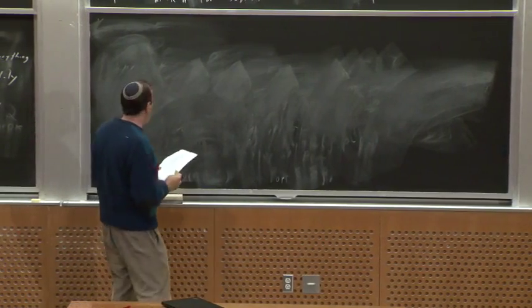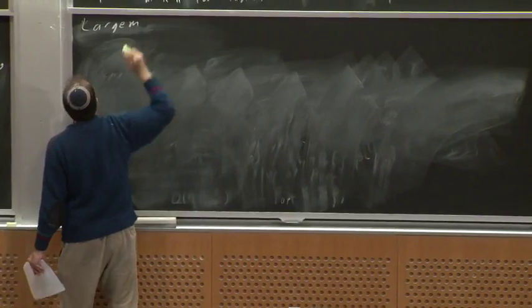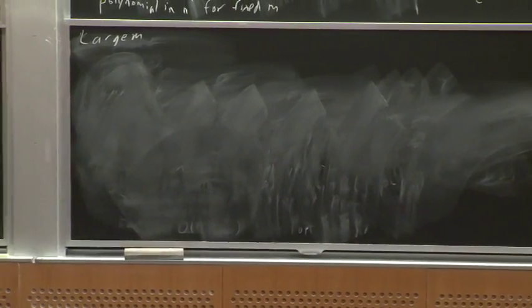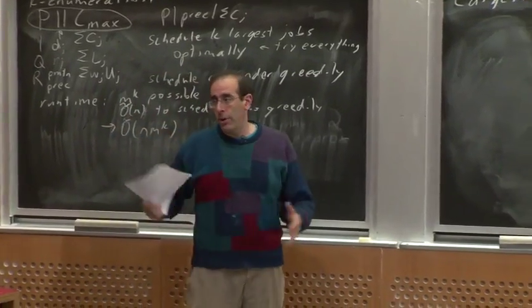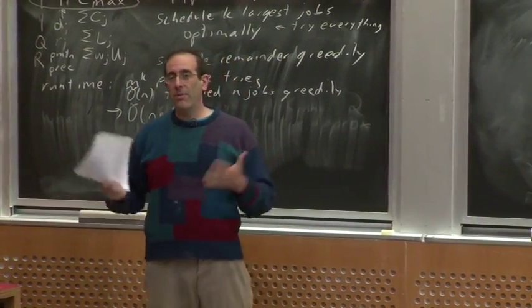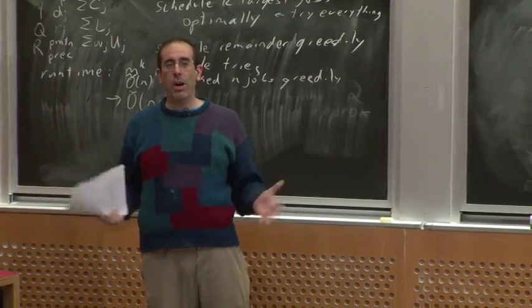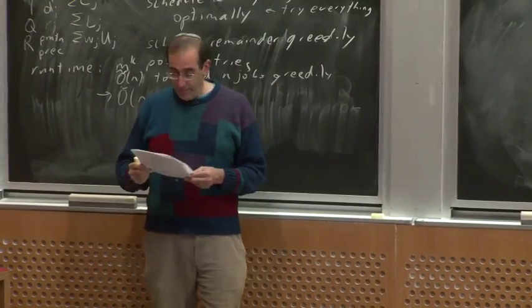So for large m, we're going to combine all of the ideas that we have looked at today. We're going to combine the enumeration idea, the trial possibilities idea, with the rounding and dynamic programming approaches that served us well in Knapsack.